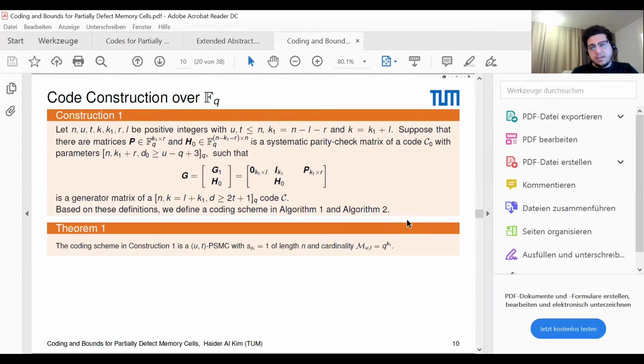So the main idea here: we have a generator matrix G that has a specific form, and in this form, as you can see here, we have a parity check matrix H0 of a code C0, and this code C0 has enough minimum distance D0, given here as D0 greater or equal to U minus Q plus 3.